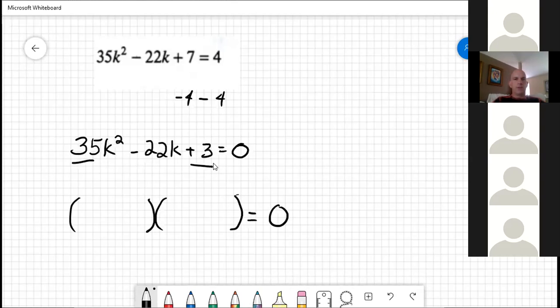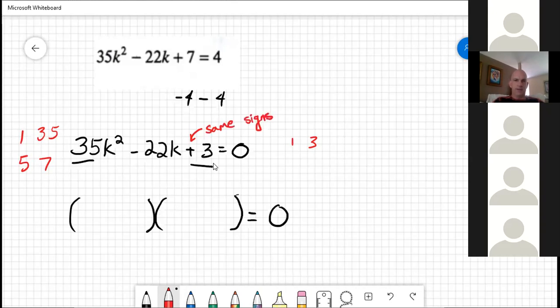So 3 will be the factors of either 1 and 3. 35 will either be 1 and 35 or 5 and 7. So it has more options. This sign right here means that we have the same signs in the binomials.